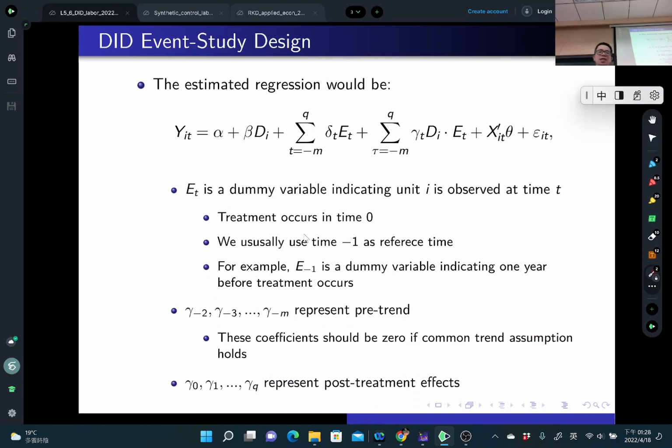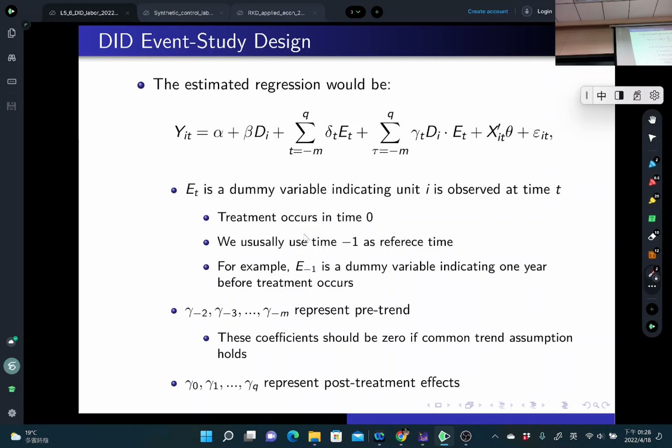So in this design, instead of having the post dummy, the dummy indicating the post-treatment period, before or after treatment happened, you will replace this dummy with a new dummy called E_t. This is a set of dummy variables indicating the individual i is observed at time t, at year t, year 1, year 2, year 3.